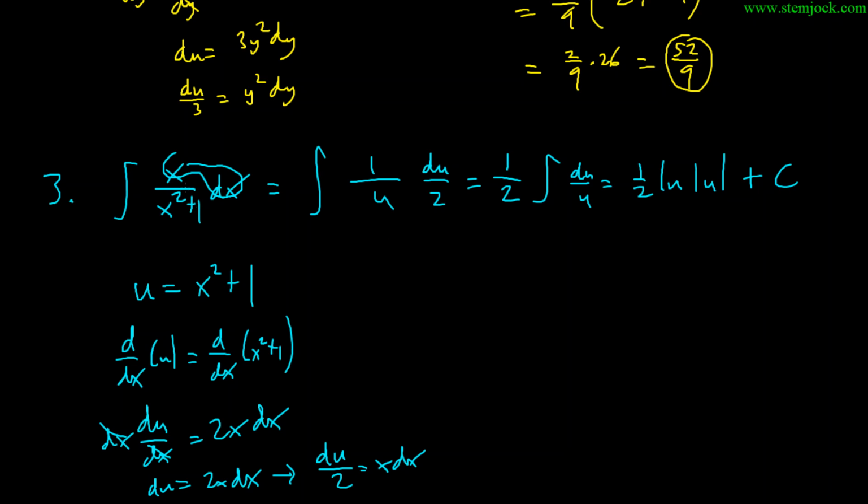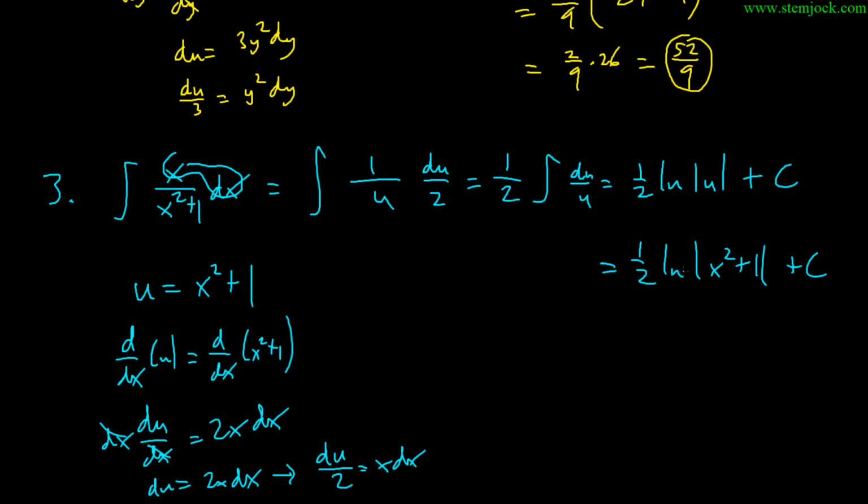So, all right, we were given an integral in terms of x, so our final answer has to be in terms of x as well. After the integration is done, we revert back to the original variable. So our final answer is going to be 1/2 ln absolute value of x squared plus 1, plus c. Now the absolute value is included because the argument of the natural log has to be positive.